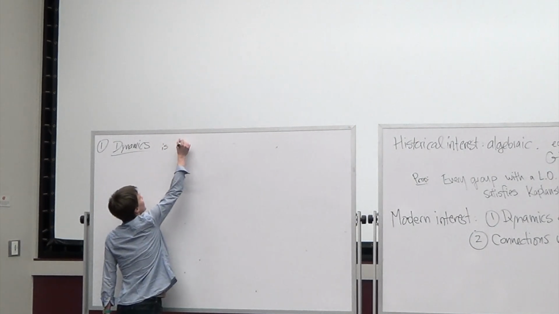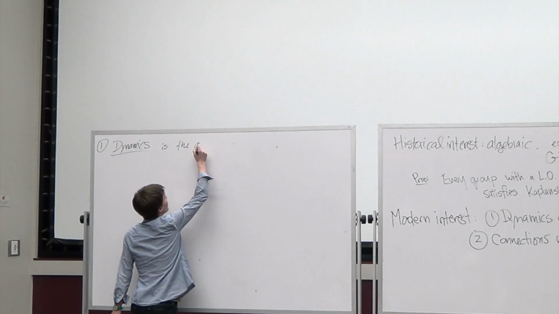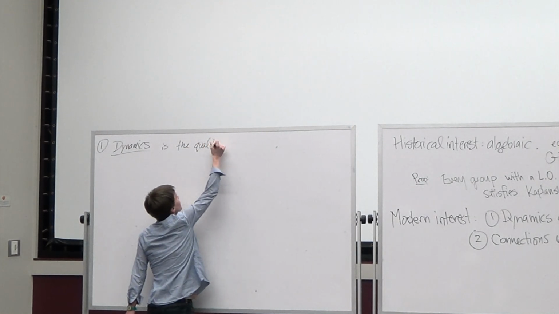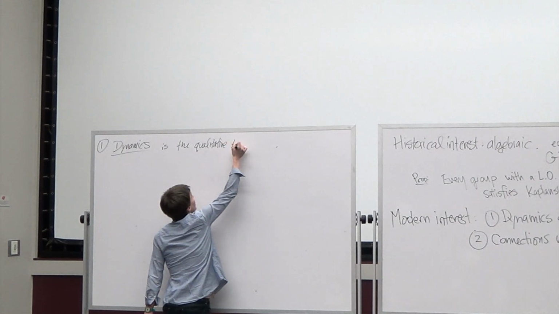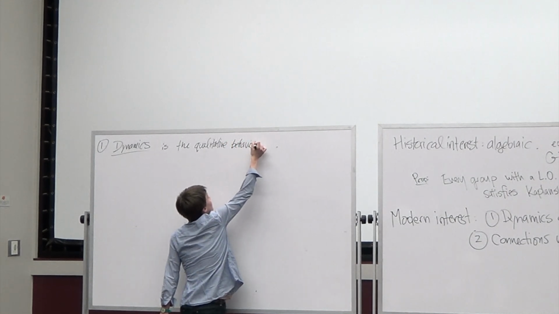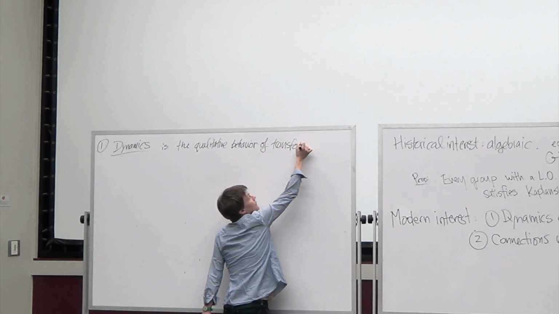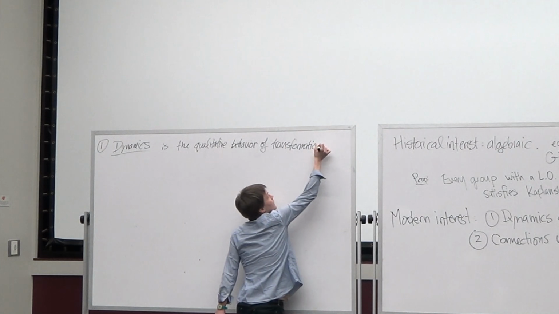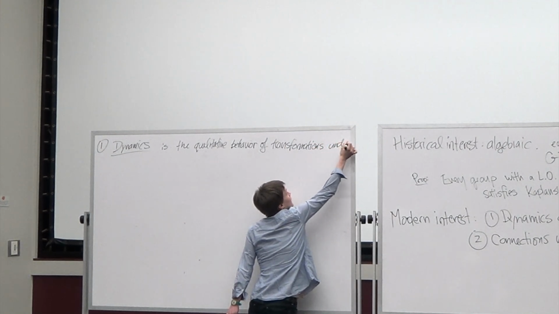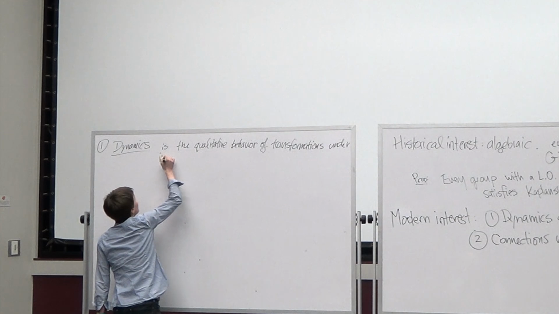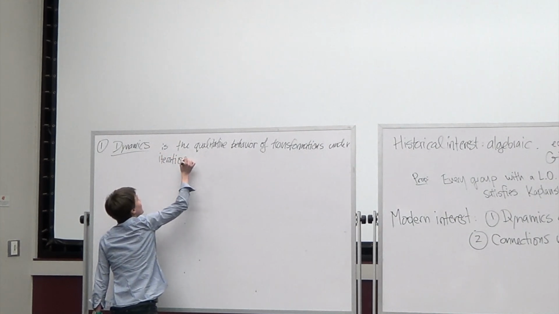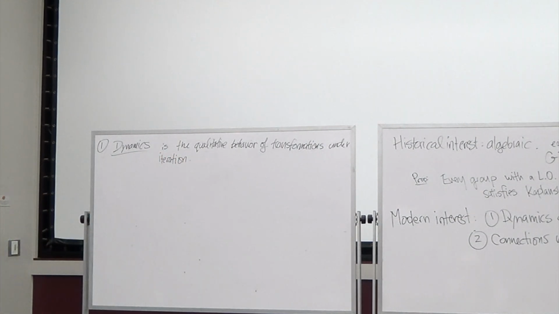It is the study of the qualitative behavior of transformations under iteration. If you want to learn one thing from my talk, take away this: it is a beautiful definition of a field of math.